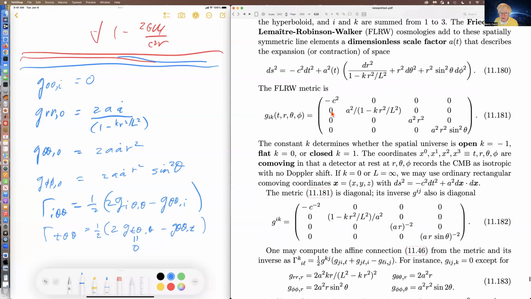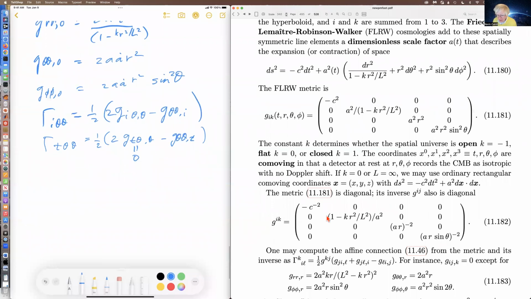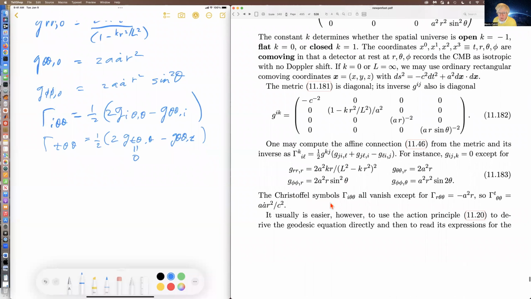This is really g tt, and so all these zeros should be t's. In any event, one eventually gets that gamma t theta theta is A dot R squared over c squared. I'm sure of this last one, and I think this one is probably right also.